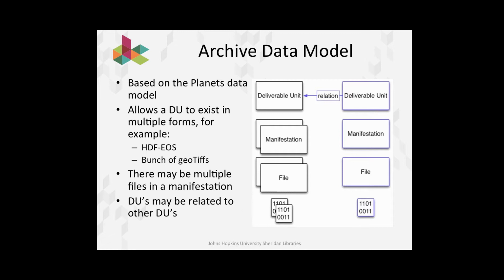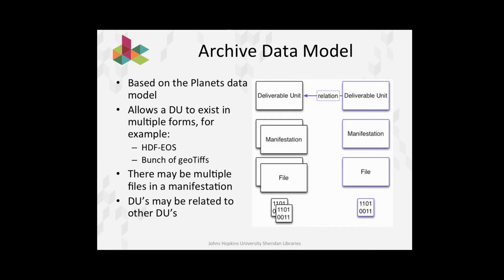As you might expect, manifestations are one way that the Data Conservancy can preserve data over time, creating a new manifestation of a deliverable unit if the format of the existing deliverable unit is becoming obsolete. In addition, deliverable units may have relationships with other deliverable units, the most typical being a versioning relationship where one deliverable unit is a new version of another, something that often happens with science data.